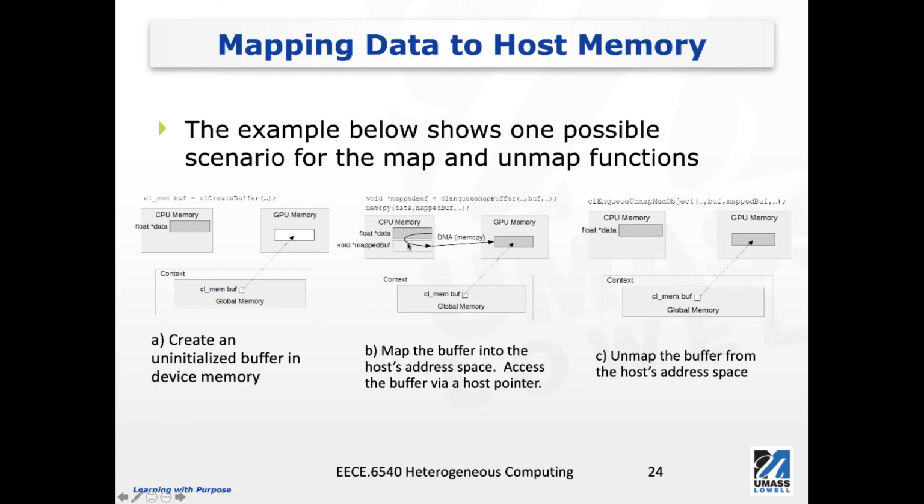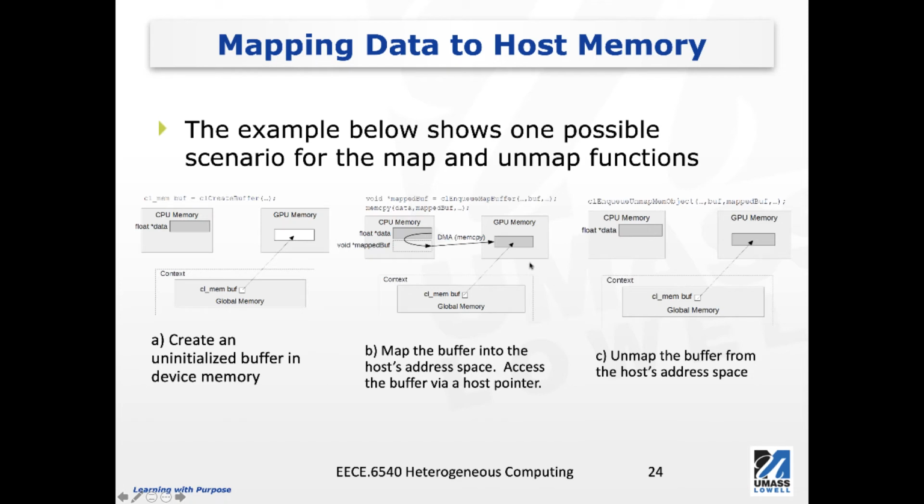All the following operations performed on this mapped buffer will in fact take place in the device memory. But to the programs on the host side, it sees this mapped buffer as just a regular pointer in host memory. In other words, this memory object is mapped to the host's address space.